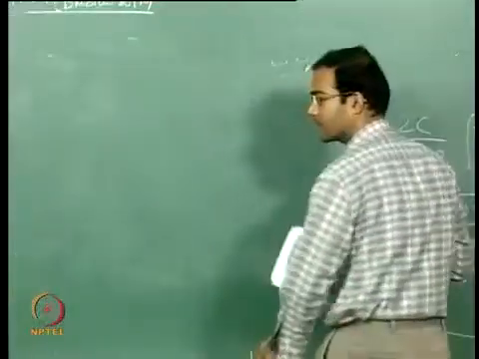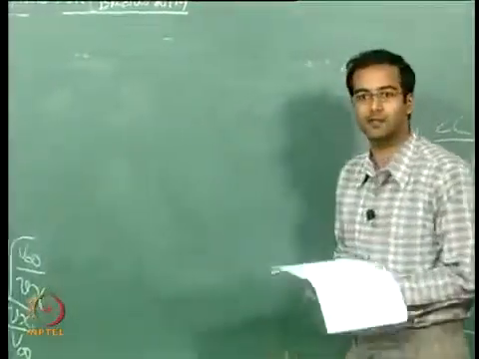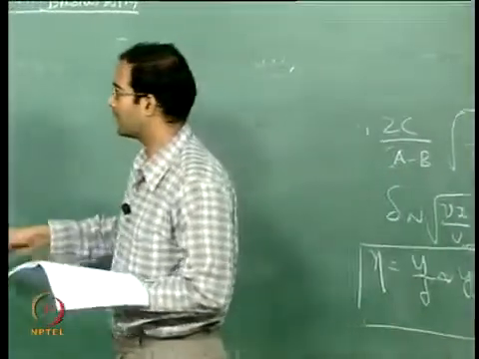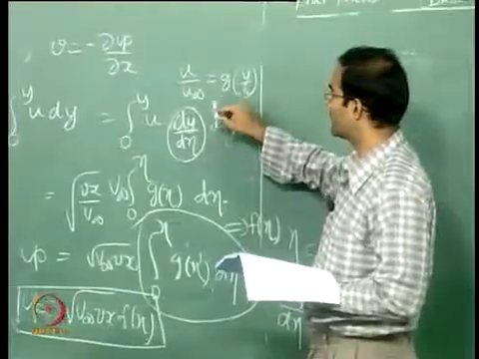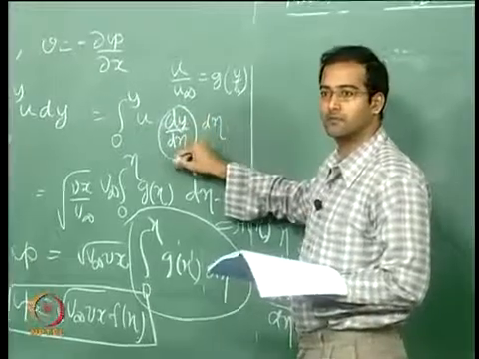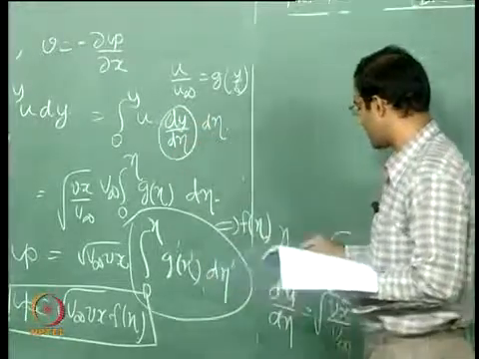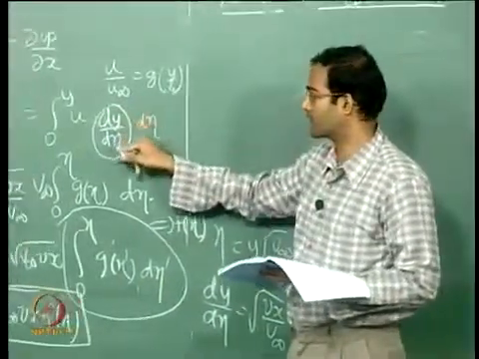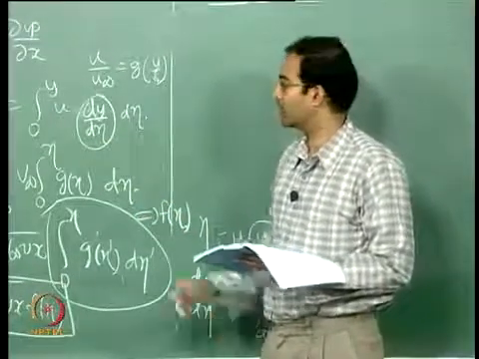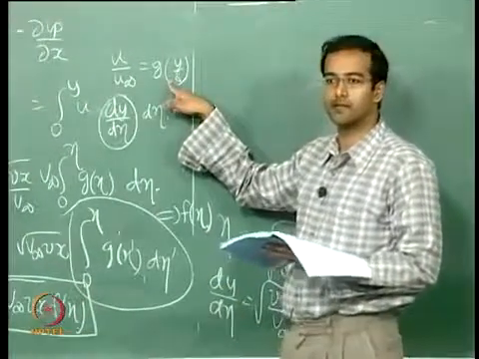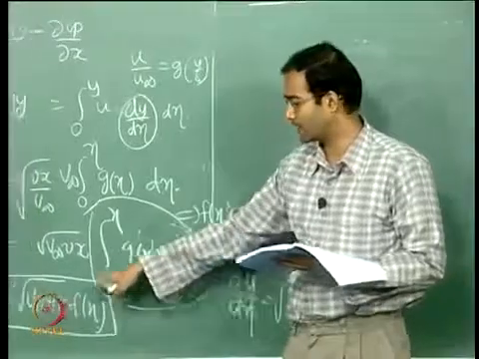Any questions? Is it clear? All I am doing is transforming from y to eta. I already know the relationship between eta and y, so I substitute for dy by d eta, and I already know u is a function of eta this way, so I substitute and finally get the relationship between psi and eta.